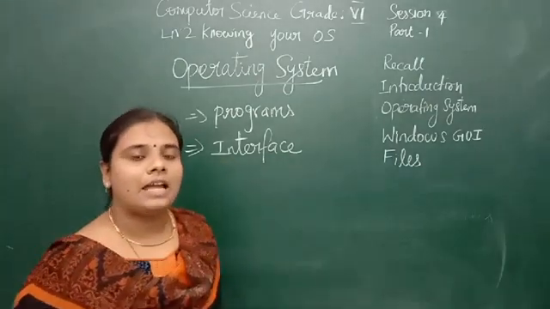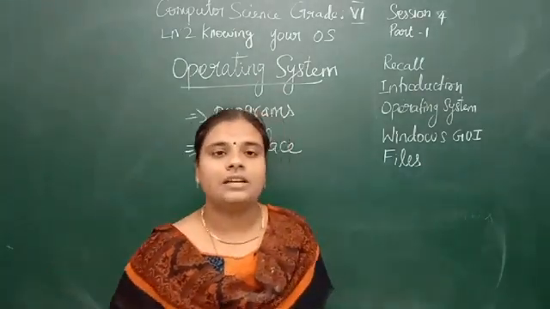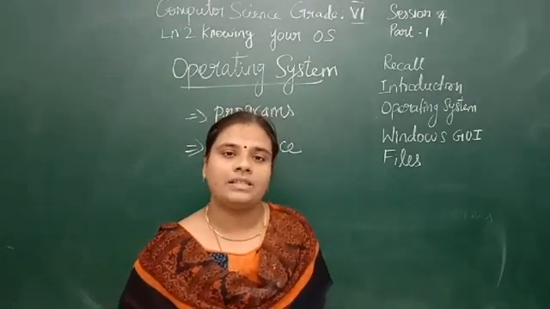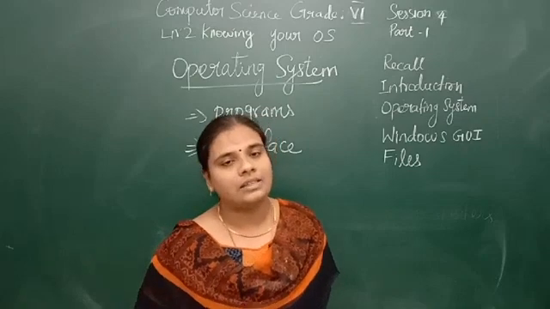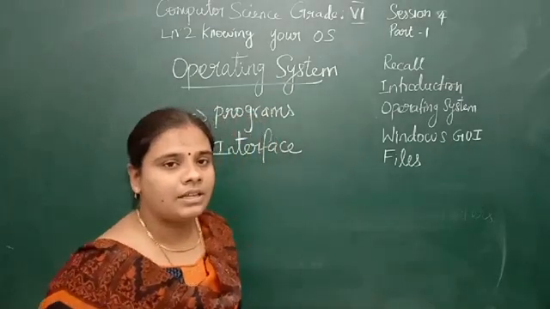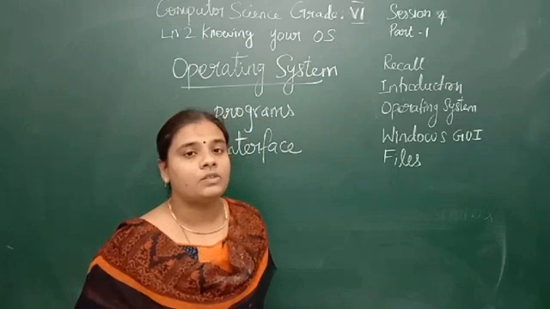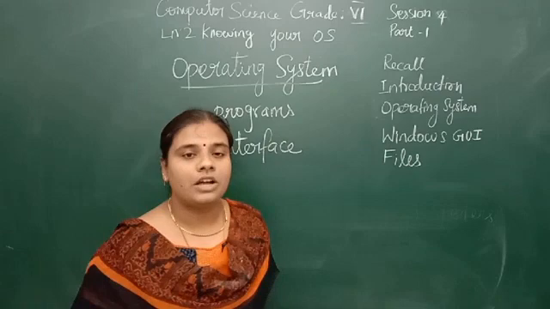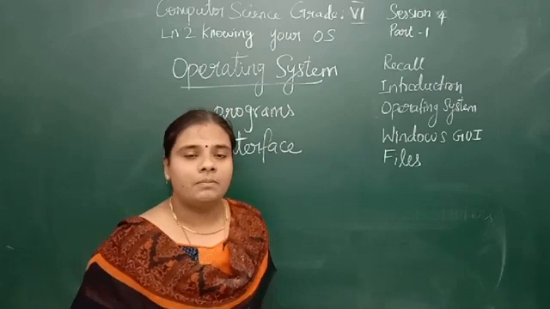There are three types of operating systems: single user operating system, multi-user operating system, and multitasking operating system. Single user operating system allows one person to work at a time. What about multi-user? It allows more than one person.